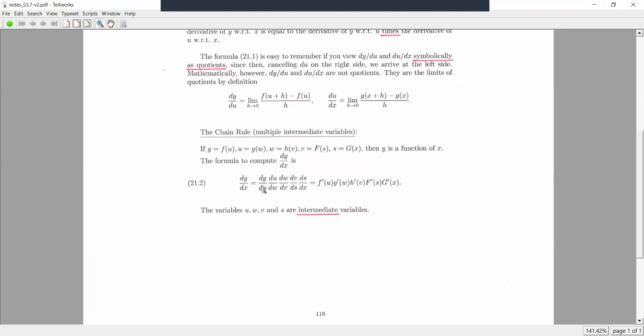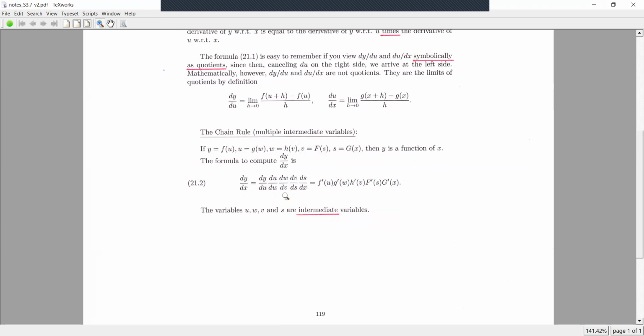Dy du is the derivative of this function times du dw, derivative of this function, times dw dv, derivative of this function, times dv ds, derivative of this function, times ds dx, derivative of this function. This is the chain rule with multiple intermediate variables.